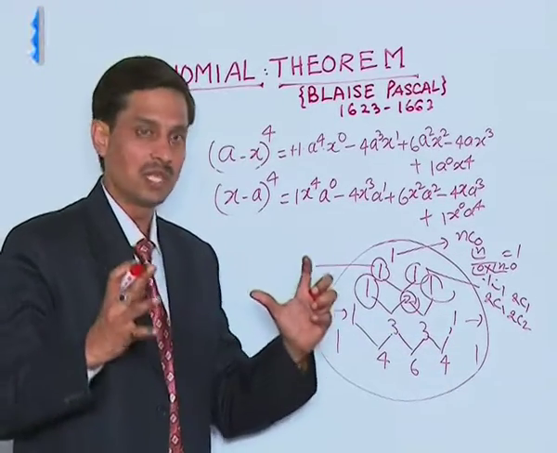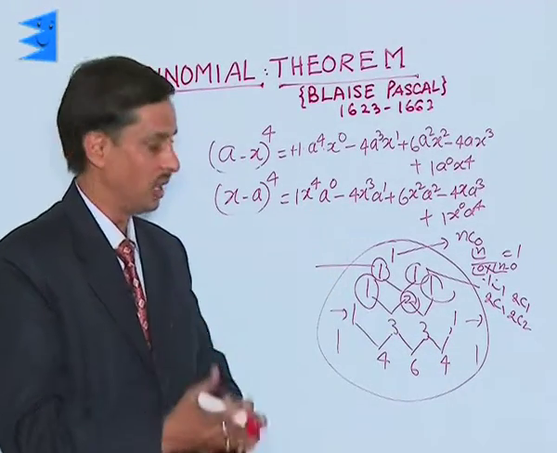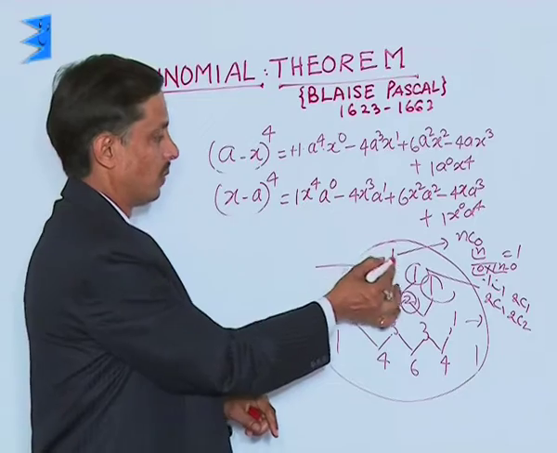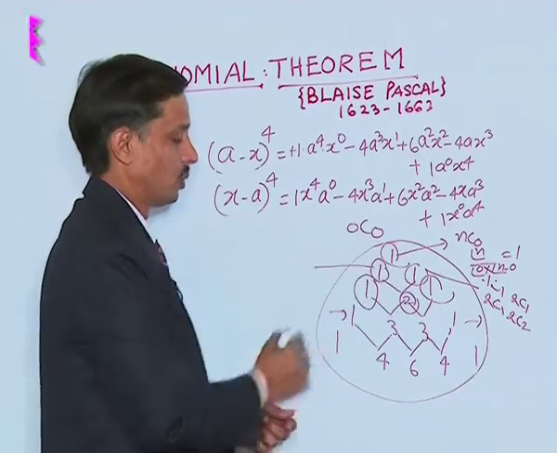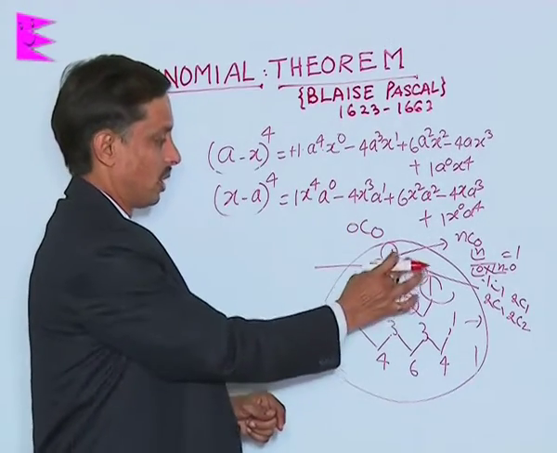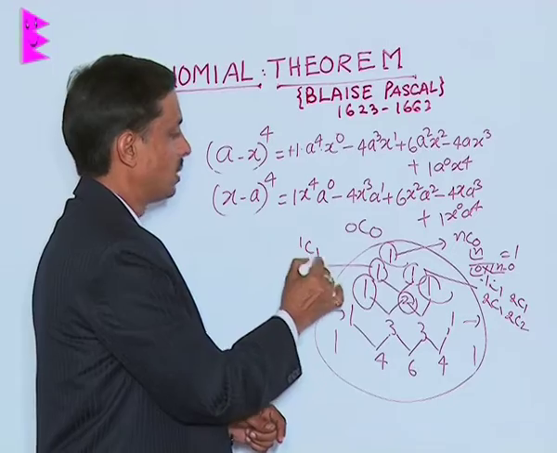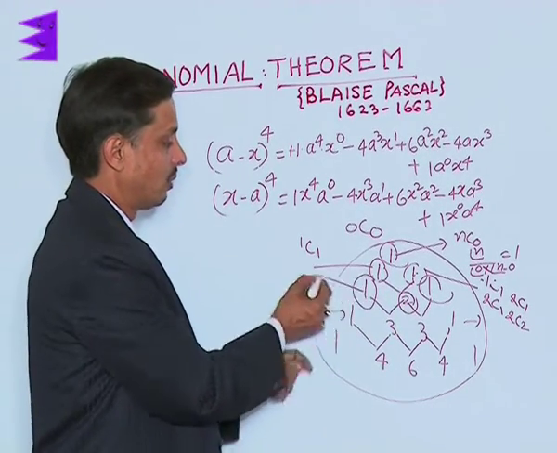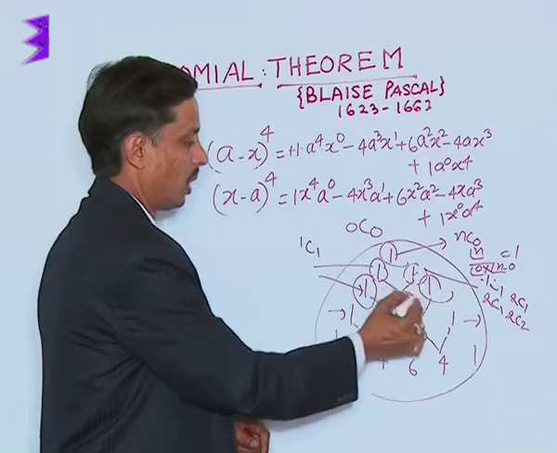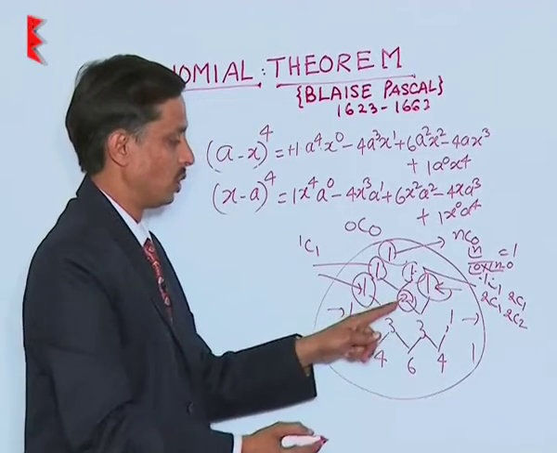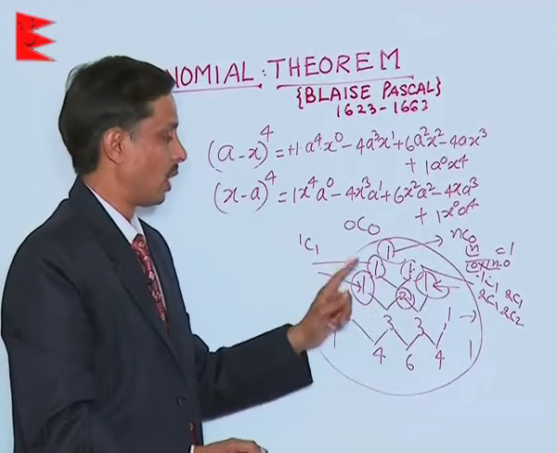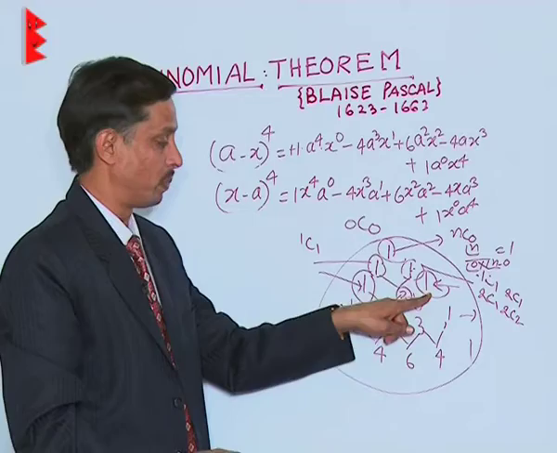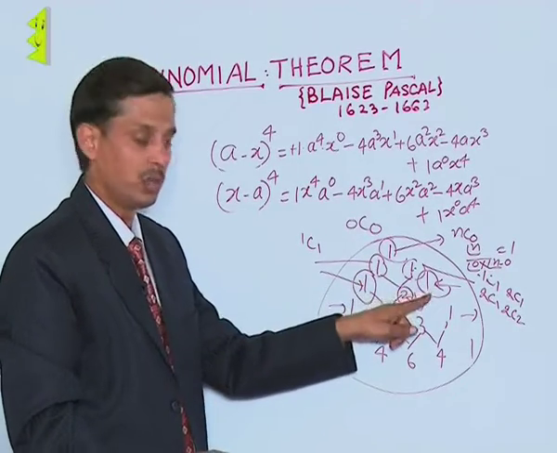So what conclusion is coming? The conclusion is that if power is 0, this is 0C0. If power is 1, then this becomes 1C0 and 1C1, both the coefficients. If power is 2, we are starting with 2C0, this is 2C0, this is 2C1. Or we can say it is 2C2 also, because answer of 2C0 and 2C2 is same.